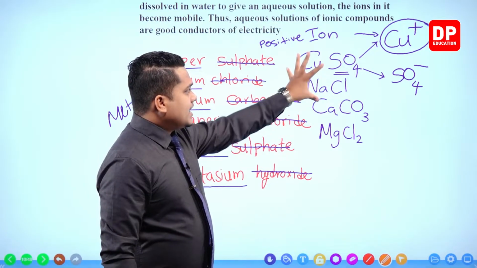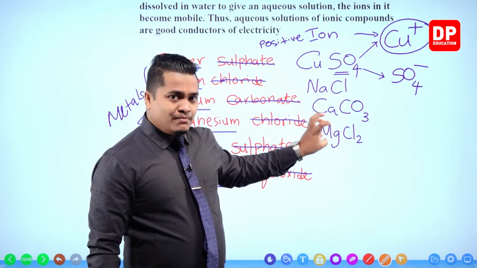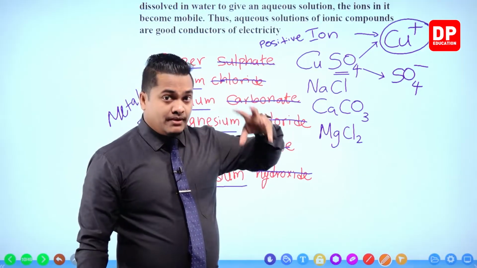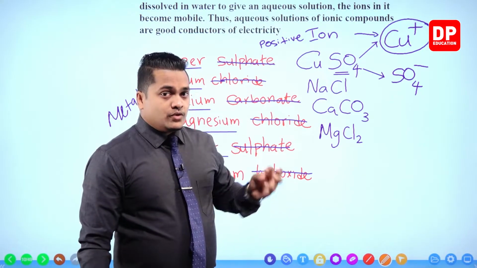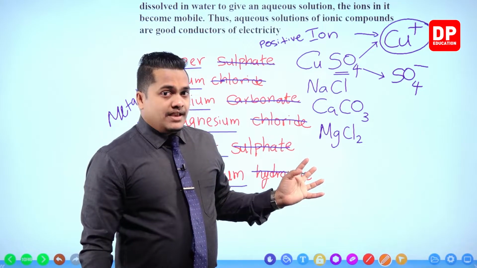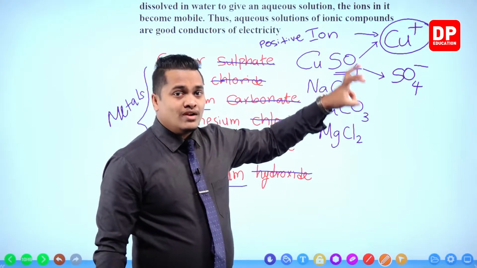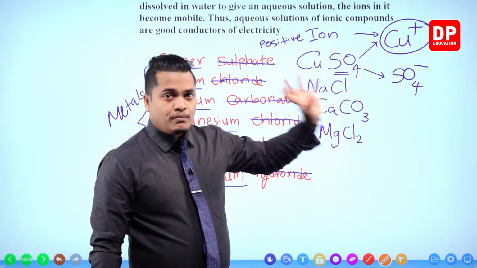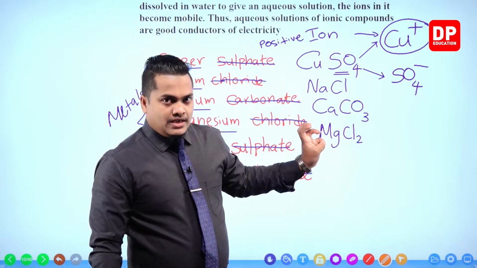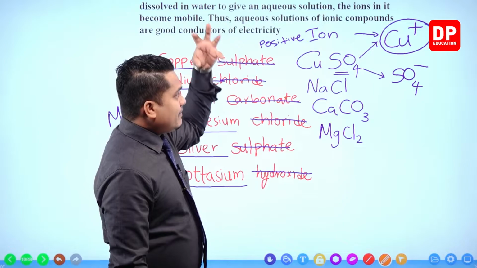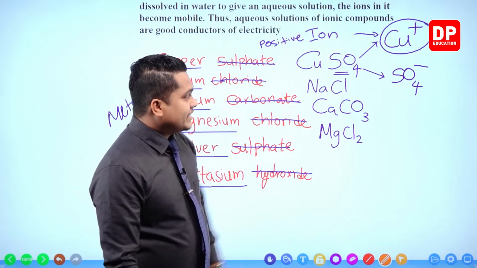You know that ionic compounds contain a metal. These ionic compounds are made by a positive metallic element with a negative group or element. So copper sulfate is made by positive copper and negative sulfate.